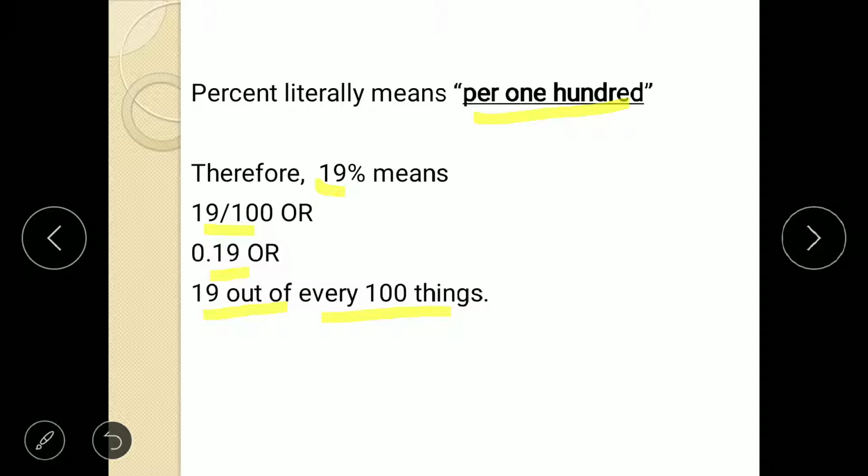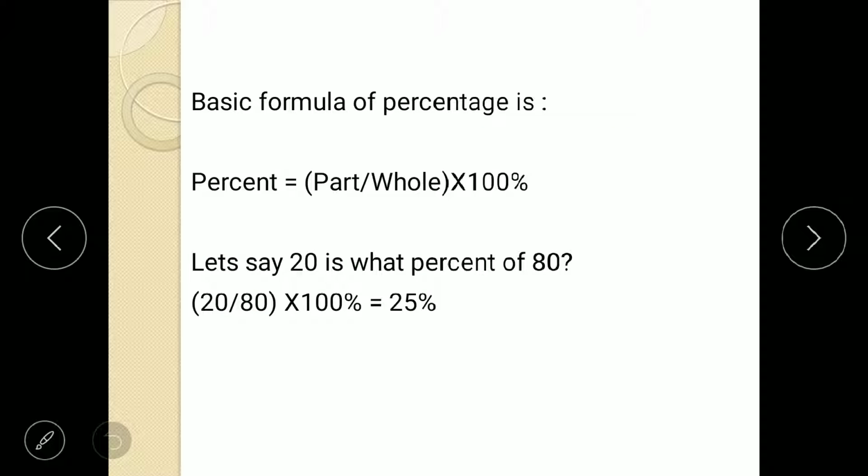Now the basic formula for percent is equal to part divided by whole. Right now we have said that there are 100 and from that we are picking 19. So 19 becomes the part and the whole becomes 100. Let's take an example. Let's say 20 is what percent of 80. Now 20 we have to pick from the whole of 80.